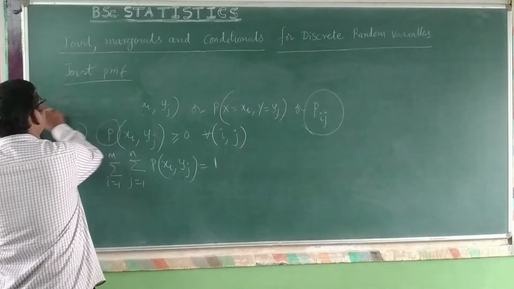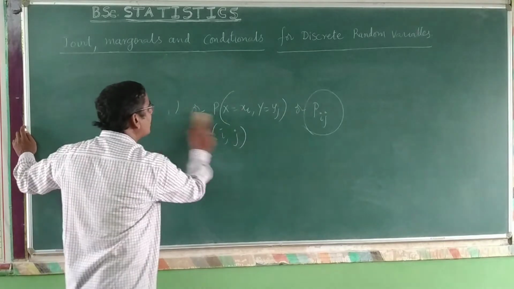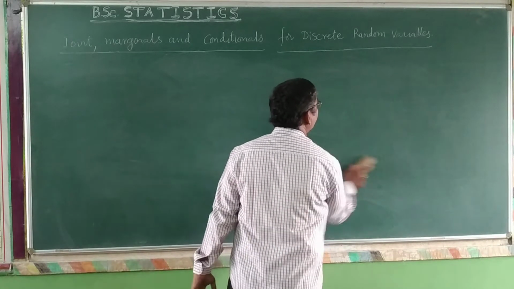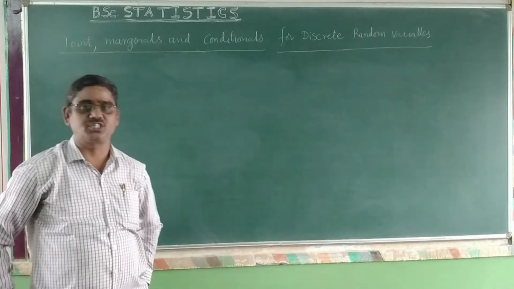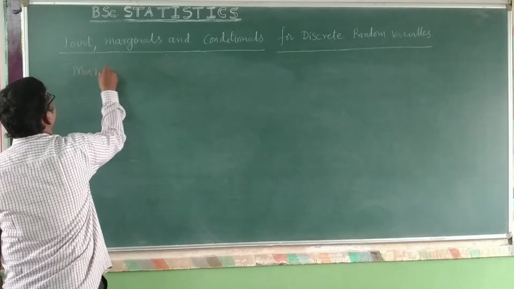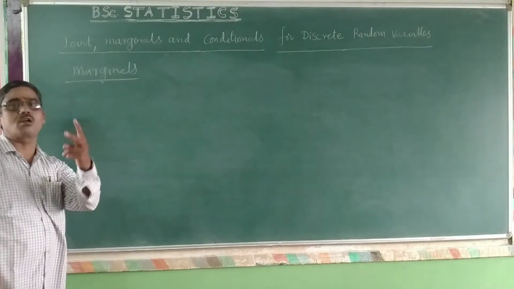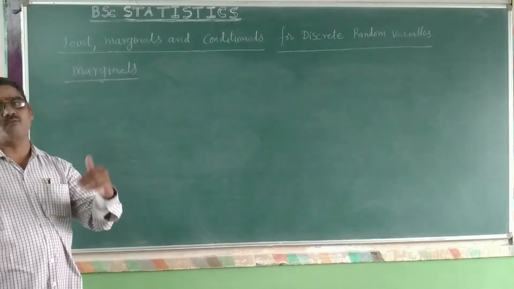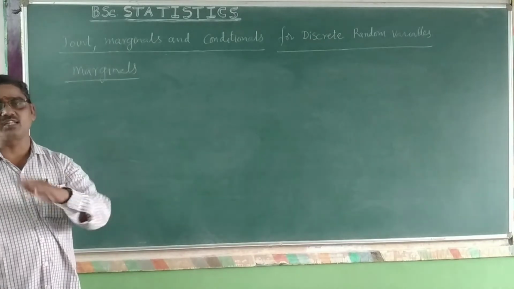It is called marginals. Marginal functions are defined with the help of the joint probability mass functions, which means now I write the concept of marginals. There are two marginal functions: one marginal function of x, second one marginal function of y, for x and y separately.